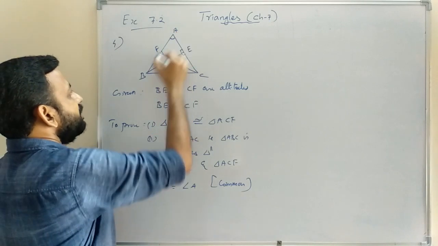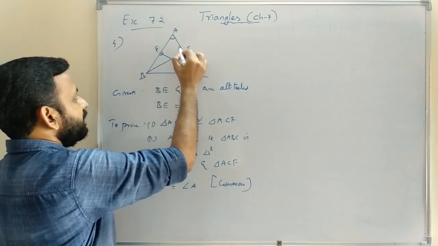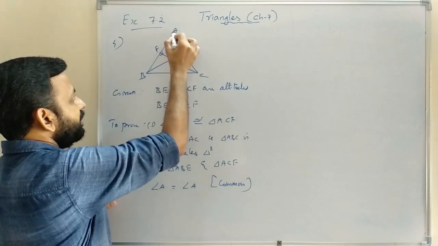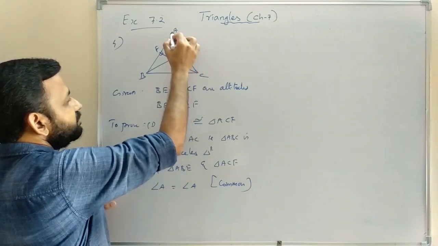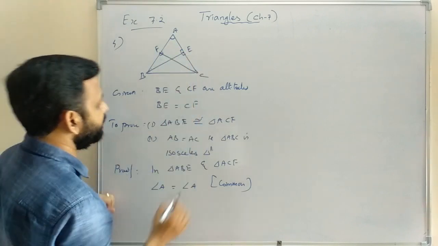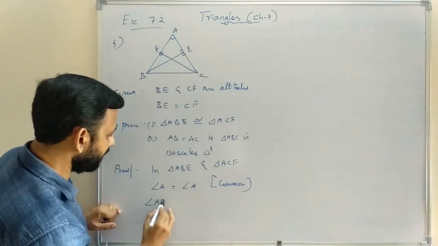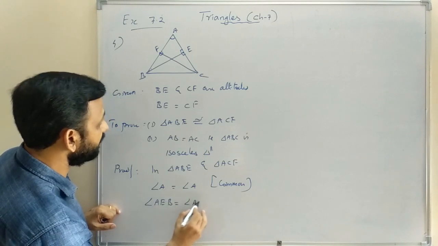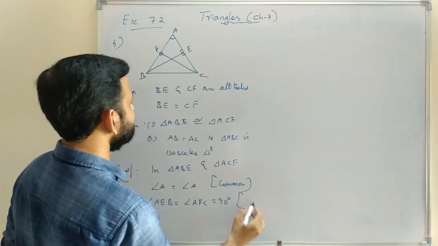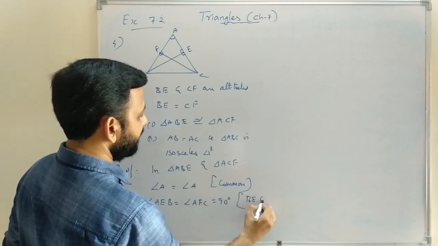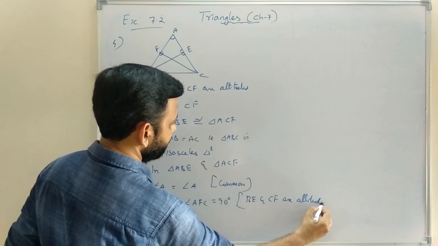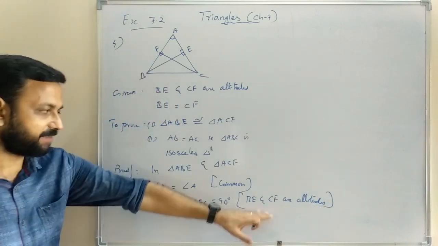Then BE is an altitude, therefore angle AEB is 90 degrees, CF is an altitude, angle AFC is also 90 degrees. So angle AEB equals angle AFC equals 90 degrees, since BE and CF are altitudes.